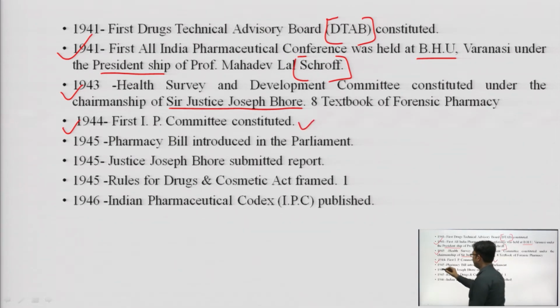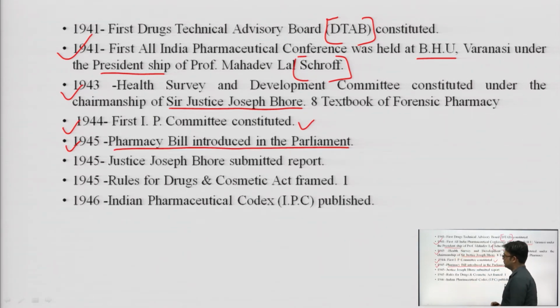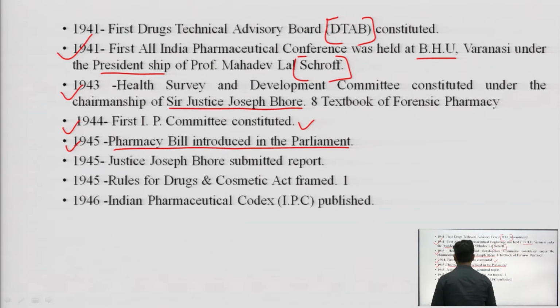In 1945, the Pharmacy Bill was introduced in the Parliament. This is the first time the Pharmacy Bill was introduced in the Parliament. In 1945, Sir Joseph Bhore submitted a report.